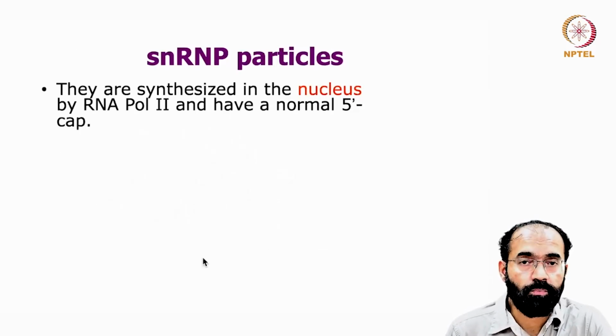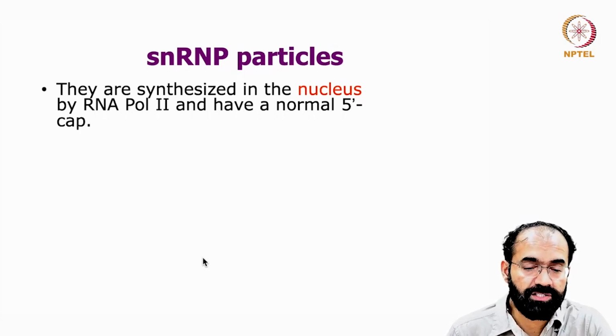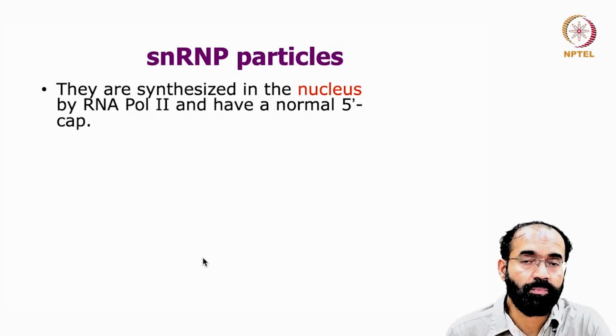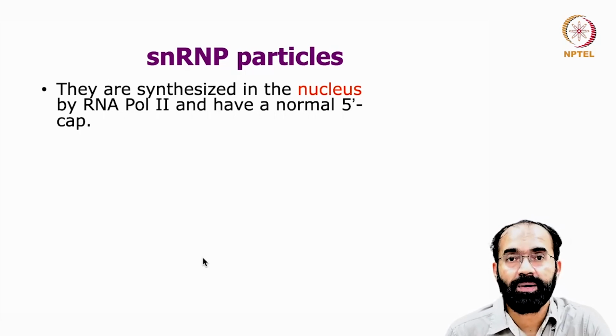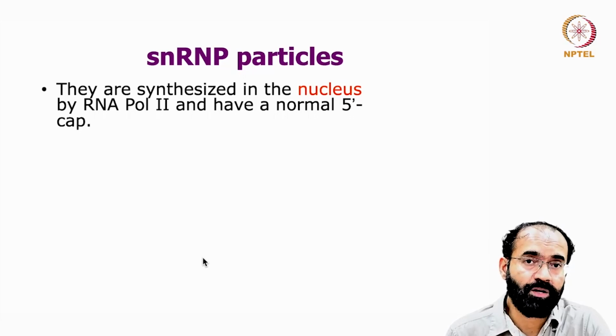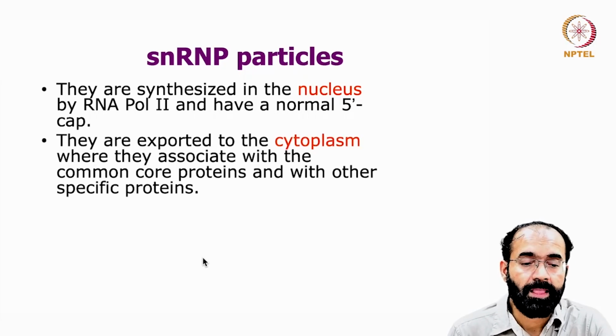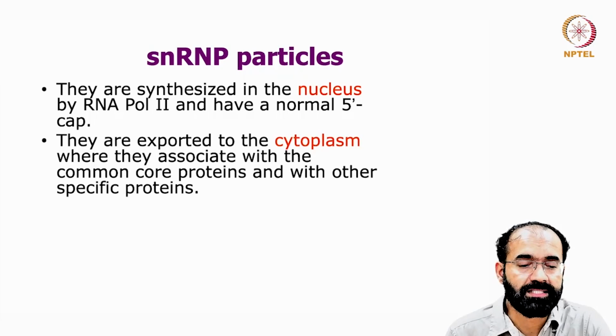And let us look more into the snRNP particle. They are synthesized in the nucleus by RNA polymerase II, and as soon as they are produced, with a few bases, say 10 or 15 bases, they will have a 5' cap that is made of 7-methyl guanosine. They are exported to the cytoplasm, where they associate with the common core proteins and with other specific proteins.